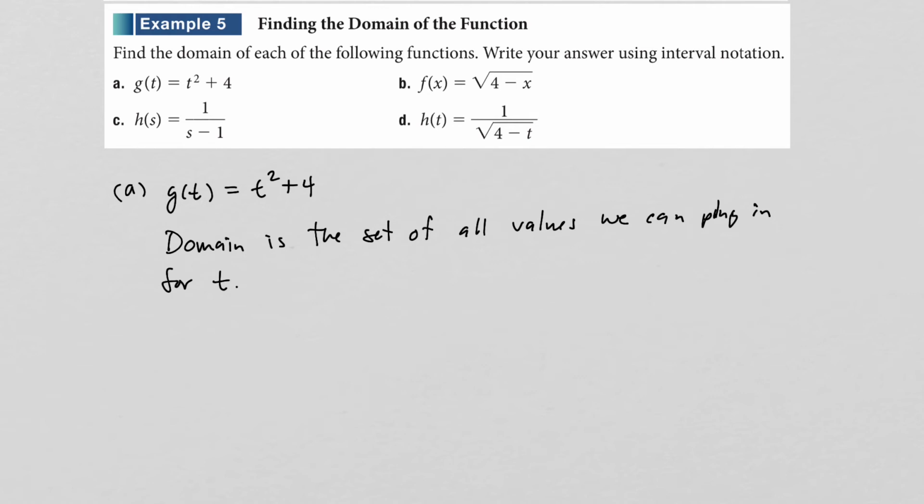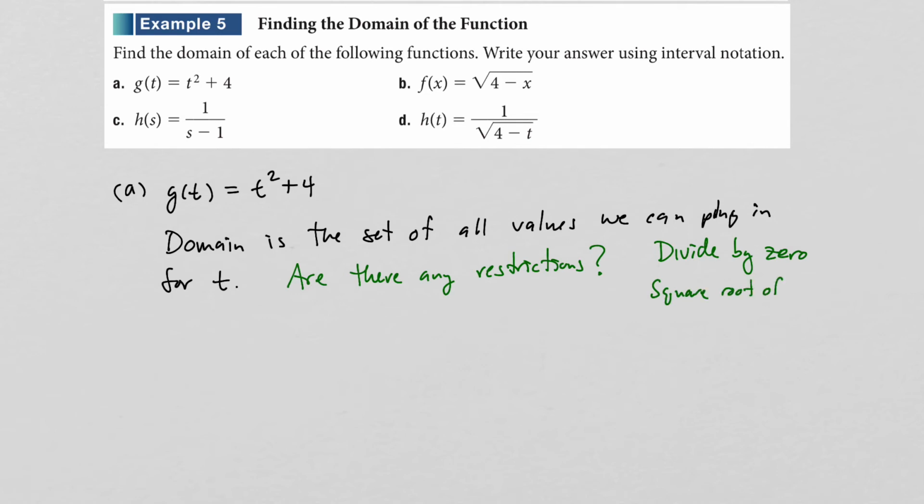So the question you really want to ask when you're trying to find a domain is, are there any restrictions? So what does it mean to be a restriction? Well, remember the things that you can't do if you want to get a real number. So one is you cannot divide by 0, right? And the other one is you cannot take a square root of a negative.